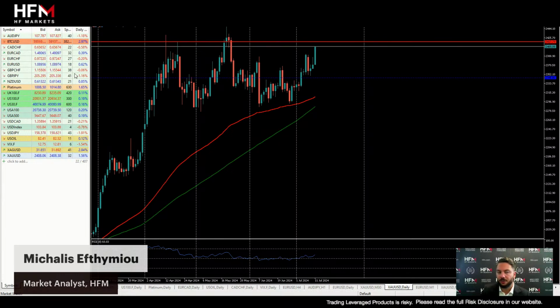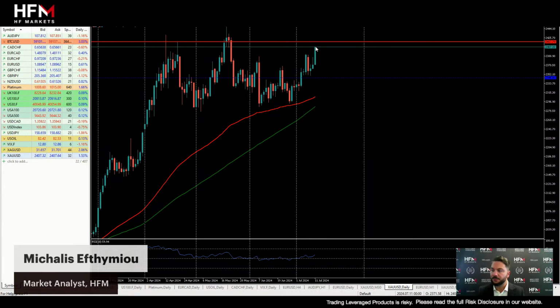Now, in regards to the stock market, also keep in mind earnings season is starting tomorrow. Between tomorrow all the way up to the 16th, it will mainly affect the S&P 500 and the Dow Jones. But from there onwards, it will mainly affect the NASDAQ. That will have the most volatility because from the 17th onwards, that's when earnings season for the technology sector will start to gain momentum.